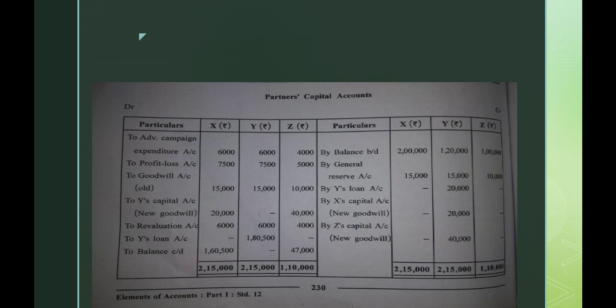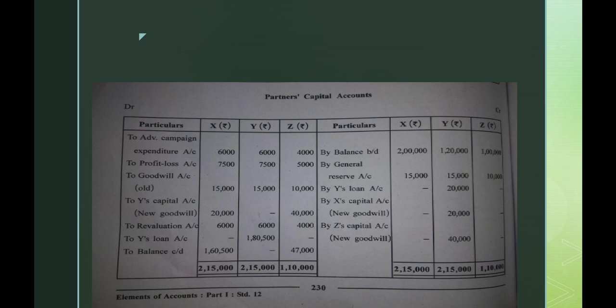So now what is the amount of difference? It is 1,80,500. Now this is the amount of difference of the column of Y. And this particular amount is payable to the retiring partner.